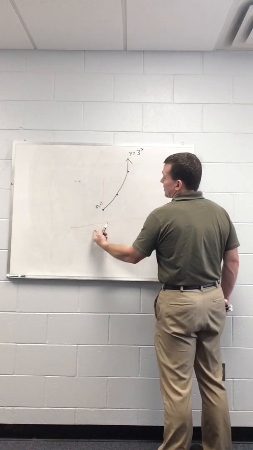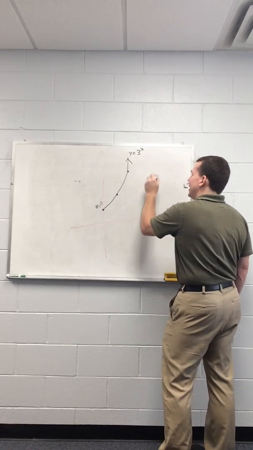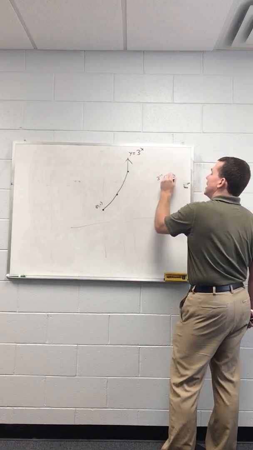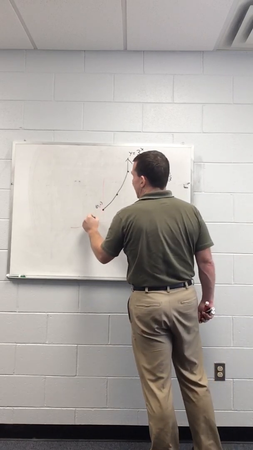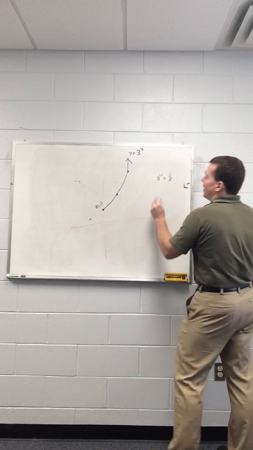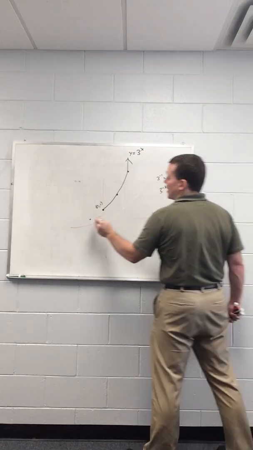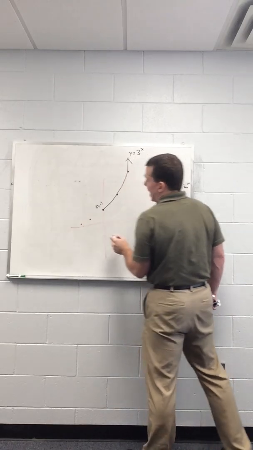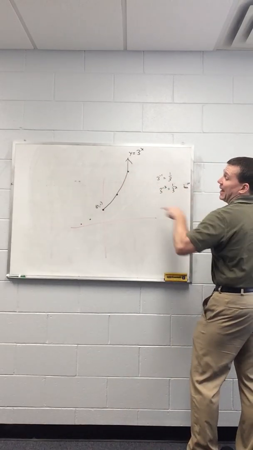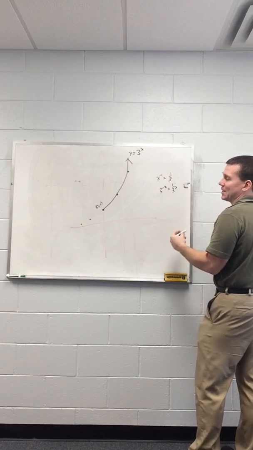If I go to the left, if I plug in -1, 3 to the -1 is 1 over 3. So at -1, I get a third. If I plug in -2, I get 1 over 3 squared, which is 1/9. And then again, for all the negative numbers, I'll end up getting 1 over something.